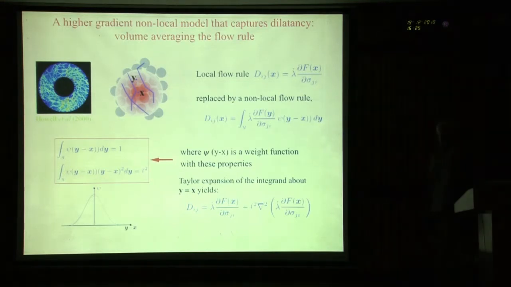So once I have that, I put it in here and I Taylor expand this kernel, and that is what I get for the rate of deformation or strain rate. Okay. So I have the normal term, then I have a higher gradient term. Okay. The first gradient term is cancelled.